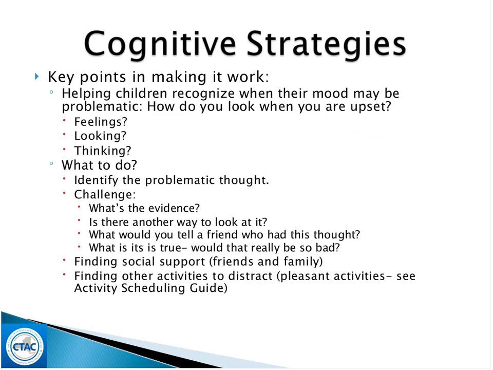So here are some of the challenges that one can do. This is at the cognitive level. What's the evidence that this thought is actually true? Is there another way of looking at it? So is there another perspective that you're not thinking about that might be appropriate? What would you tell a friend who had this thought?